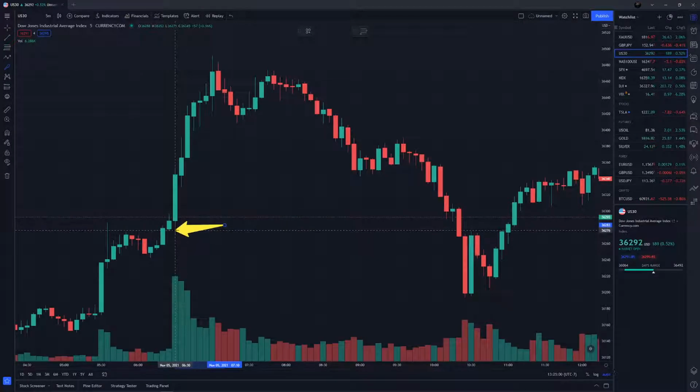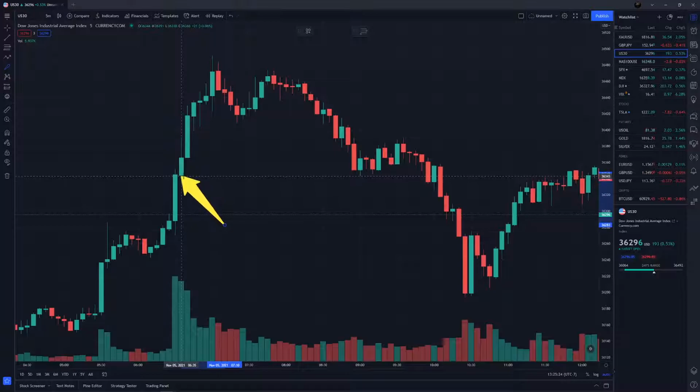Why? Because it's telling me that when it opened at this price level, at some point it pulled below where it opened. And eventually it came back up within those 5 minutes, and it came all the way up to this level before closing here.